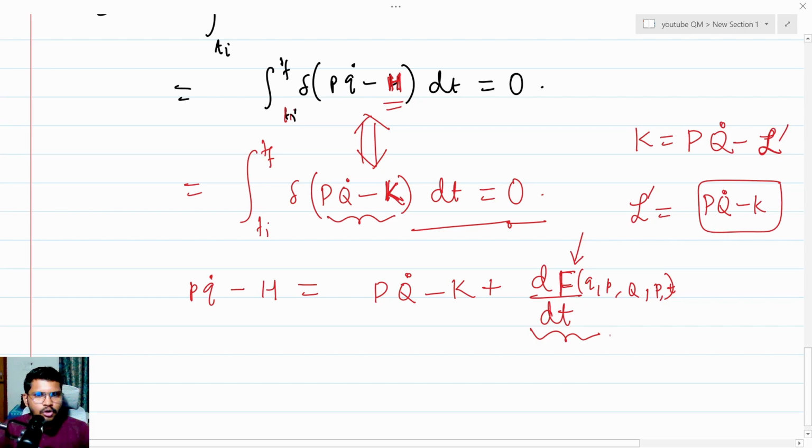This f should not be discrete. This f has to be continuous, and its first and second derivatives have to exist. Therefore, I'm telling you that they are not going to be the same, but differ by some time derivative.